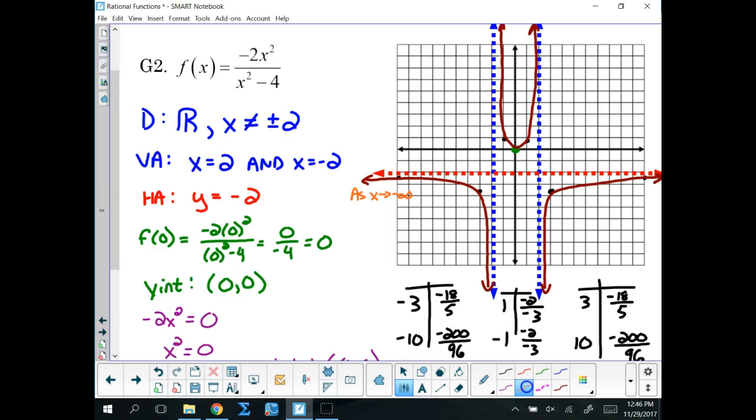So, out here, what is this saying? Negative infinity. Our function f of x approaches negative 2 from below.